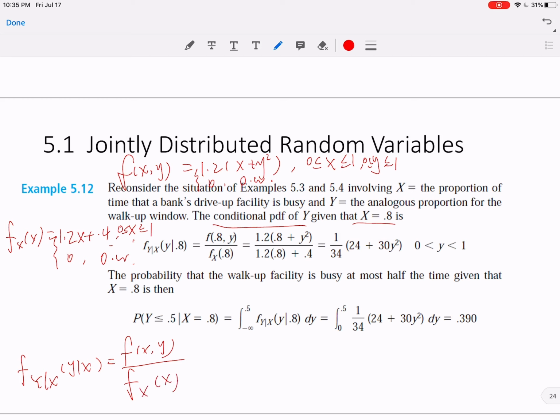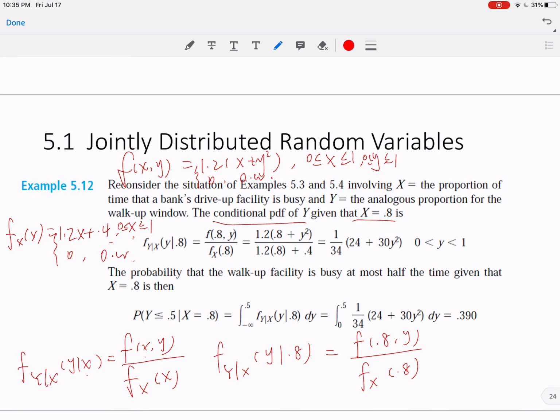So we just plug in the numbers. We're looking for the conditional PDF of y given x is 0.8, which is equal to f of 0.8, y divided by the marginal PDF when x is equal to 0.8.